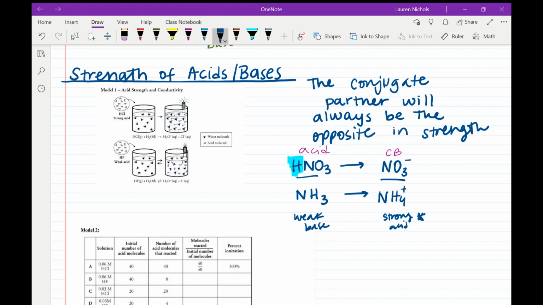It's just stronger than its counterpart. Or in the case of nitrate, a weaker base relative to the strength of nitric acid, as its acid. Hopefully that makes sense to you.